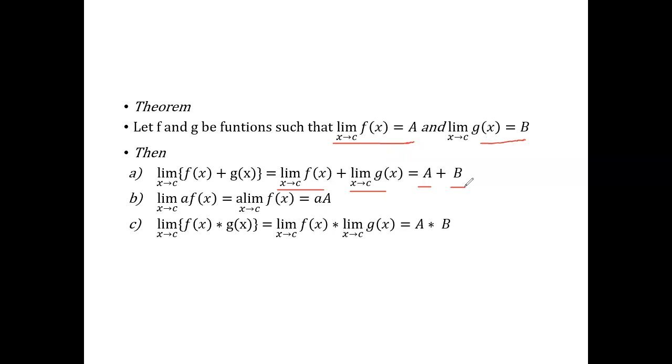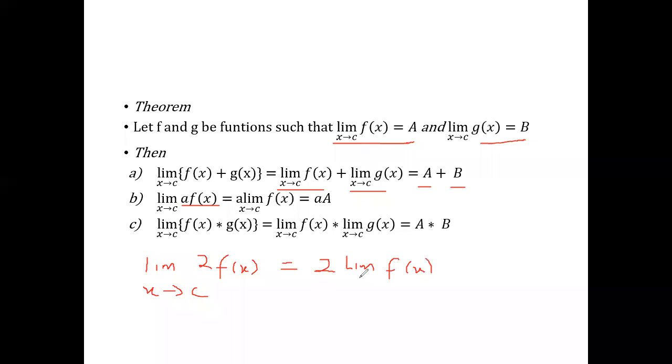Then the next rule: when you have the limit of a certain constant times f of x, maybe 2 times f of x, a given function, as x approaches c, then this can be found as 2 times the limit of f of x as x approaches the value c.